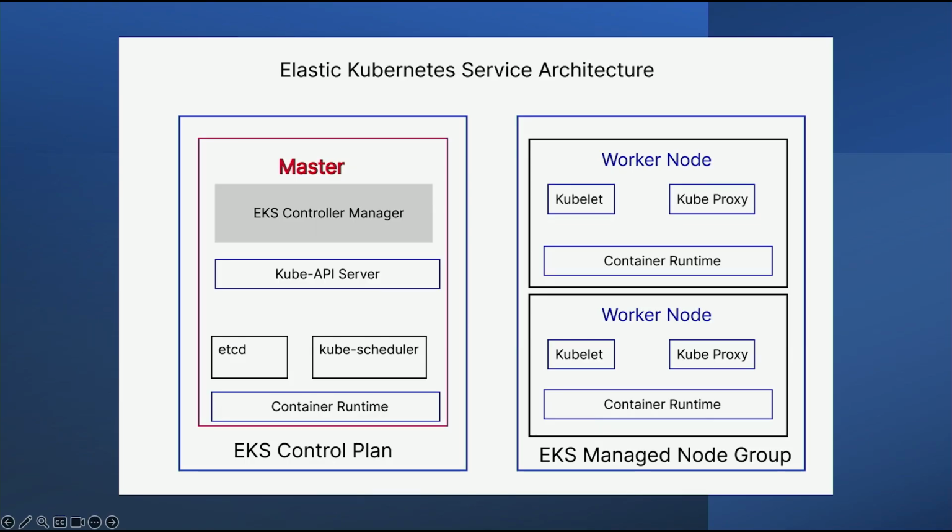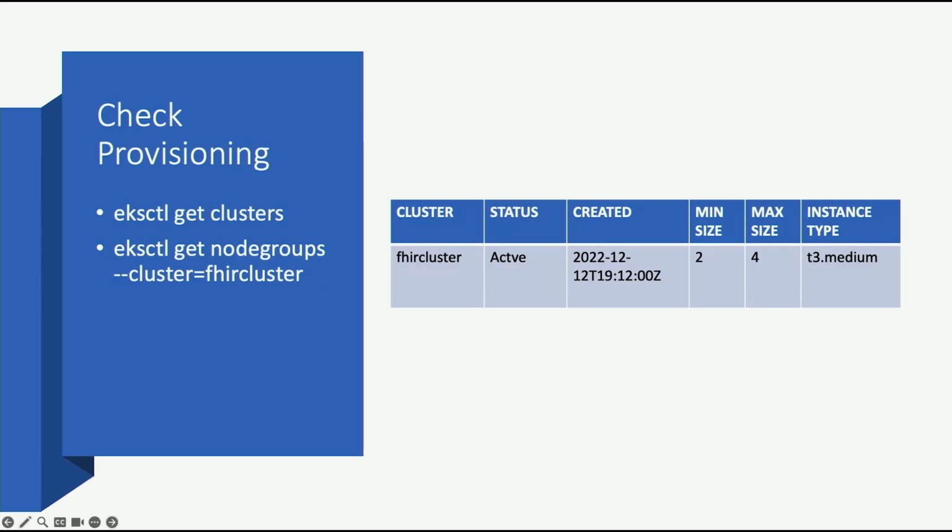And this is just giving you an overview of what are the components. You have an EKS control plane, and then the different worker nodes. The control plane really manages those worker nodes to effectively deploy your specific implementation, including things like the FHIR server.